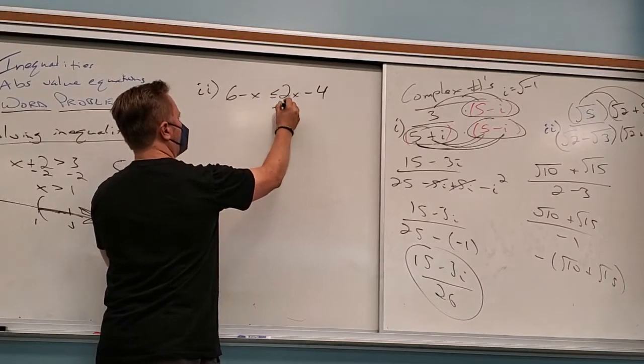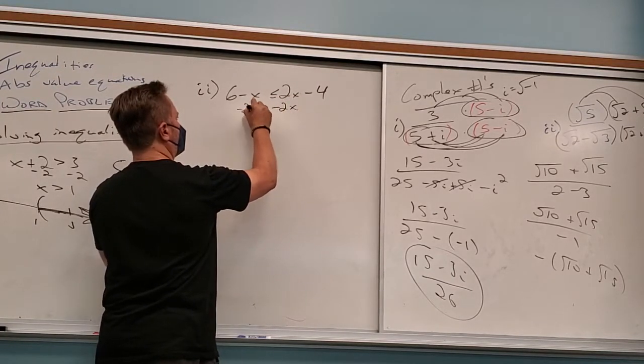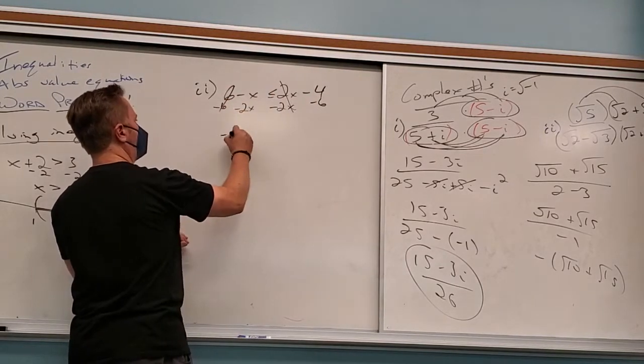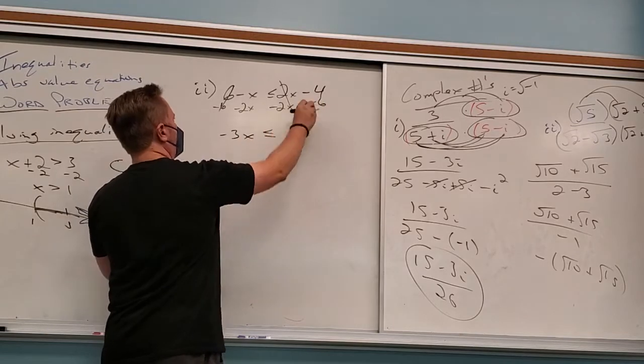If I subtract 2x and subtract 6, I'll get negative 3x less than or equal to negative 10.